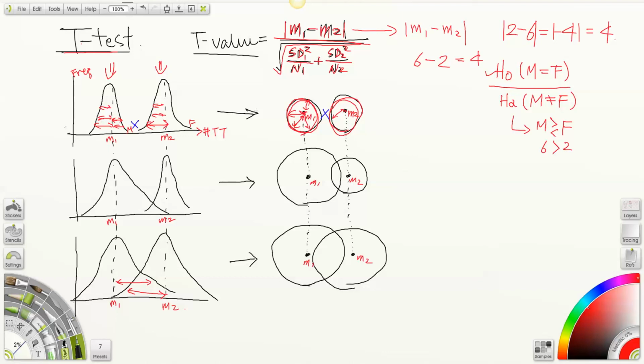Compare this to your second scenario. In the first subsample, now the dispersion has gotten larger, and that's why you have a larger circle, larger than the first one in the first scenario. Look at this dispersion, how expanded it is.